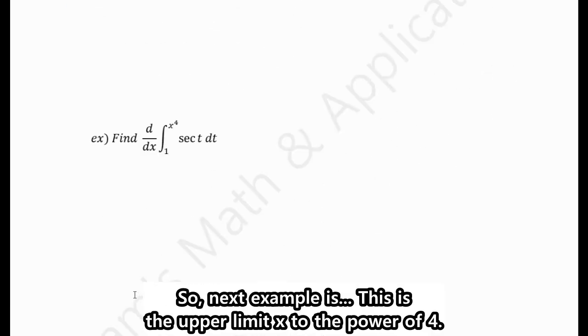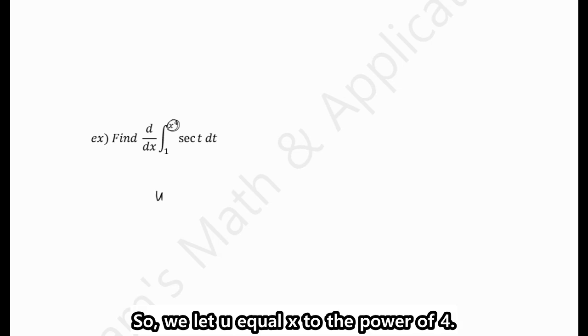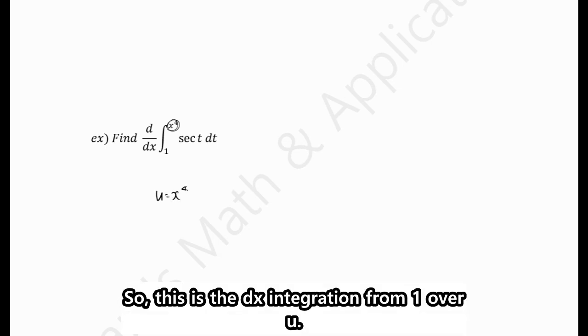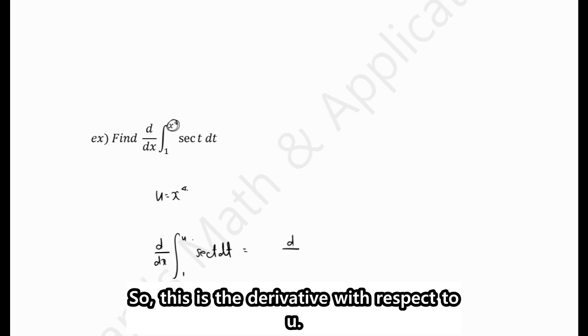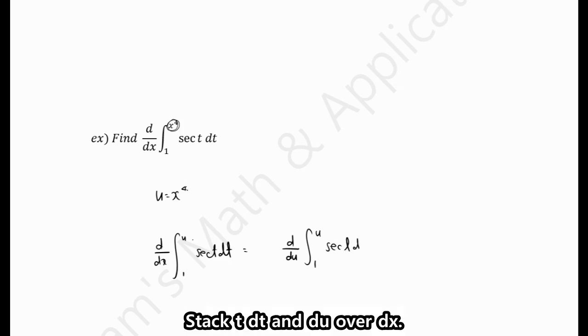The next example has the upper limit x to the power of 4. So we need to apply the chain rule. We let u equal x to the power of 4. So this is d/dx of the integral from 1 to u of sec t dt. We first take the derivative with respect to u of the integral of sec t dt, and multiply by du over dx.